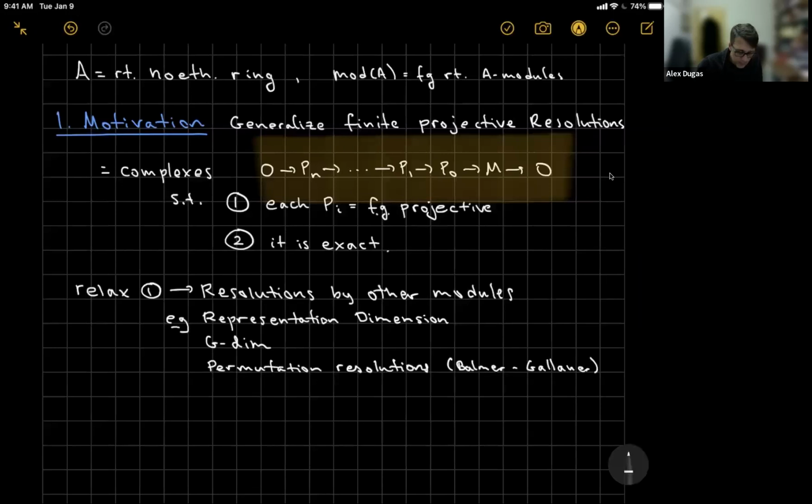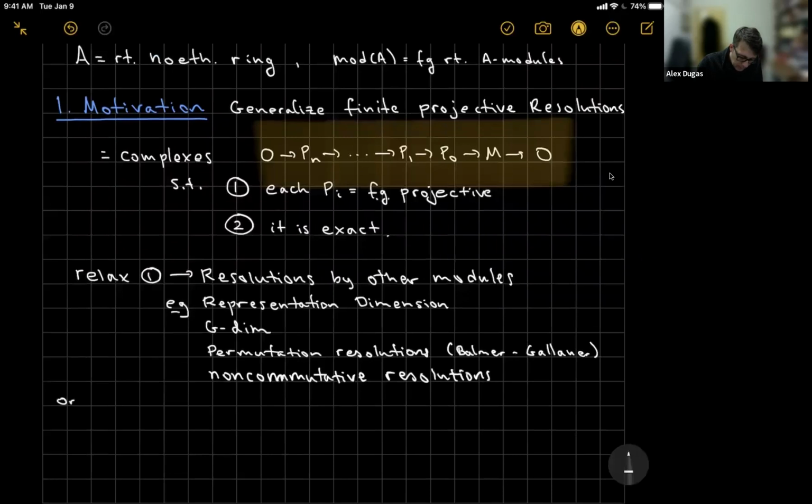And we might also mention that these types of resolutions come up when we're considering non-commutative resolutions of singularities. But the point is that this type of generalization of projective resolutions has been studied quite extensively.